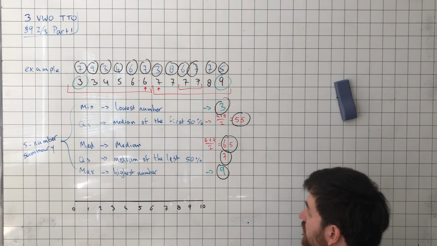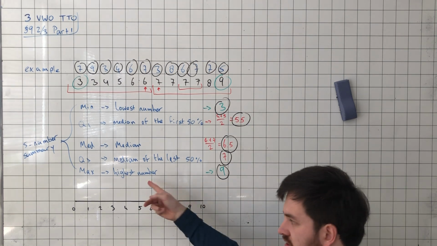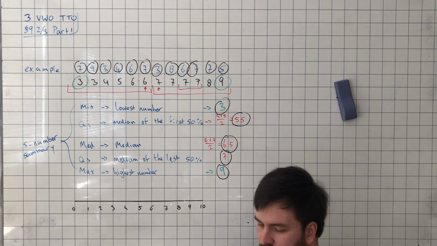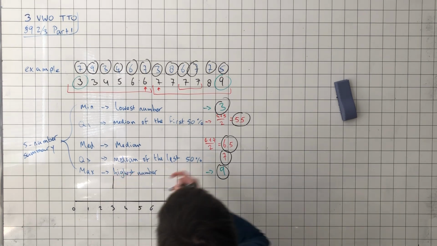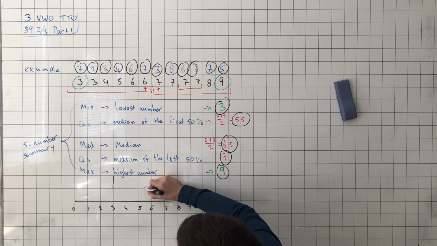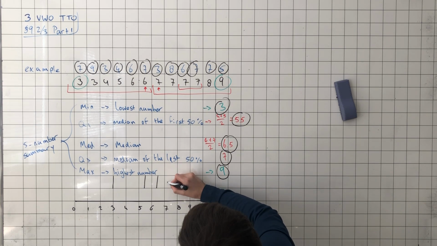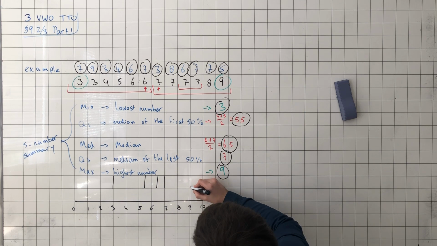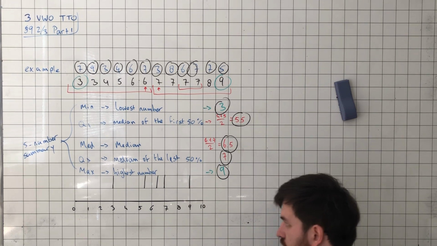The next step is to show all of these numbers on our number line, just slightly above. So the first one is at 3 over here, then 5.5, 6.5, 7, 9. To finish our box plot, we have to draw a few more lines.